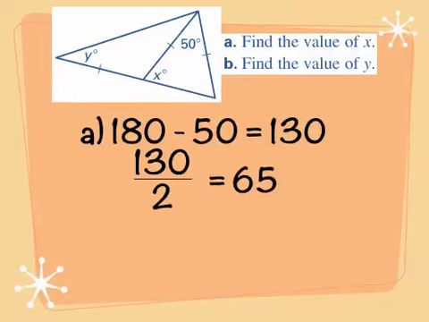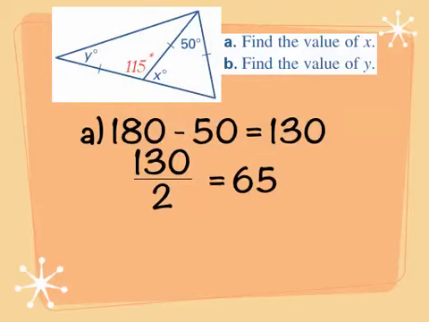We don't have any angle measures given to us of the triangle where y is the measure of an angle. However, if we use the fact that angle x is 65 degrees, notice that it would be supplementary to the angle adjacent to it. So I can say that this angle is 115 degrees.